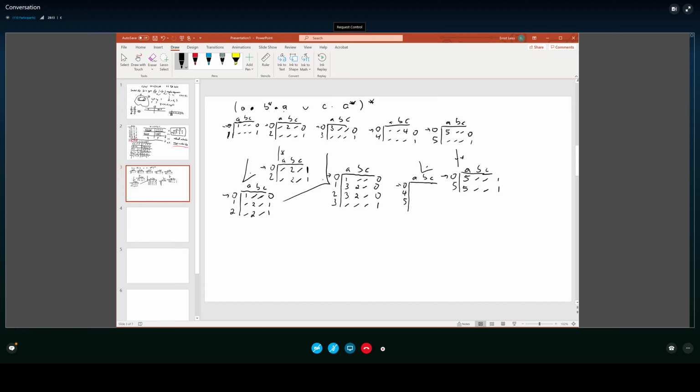And the same thing for 5: 5 is accepting, we take the union of 5, nothing, nothing, with 1, nothing, 4, which is 1, 5, nothing, 4. And that is now the NFA for that regular expression.